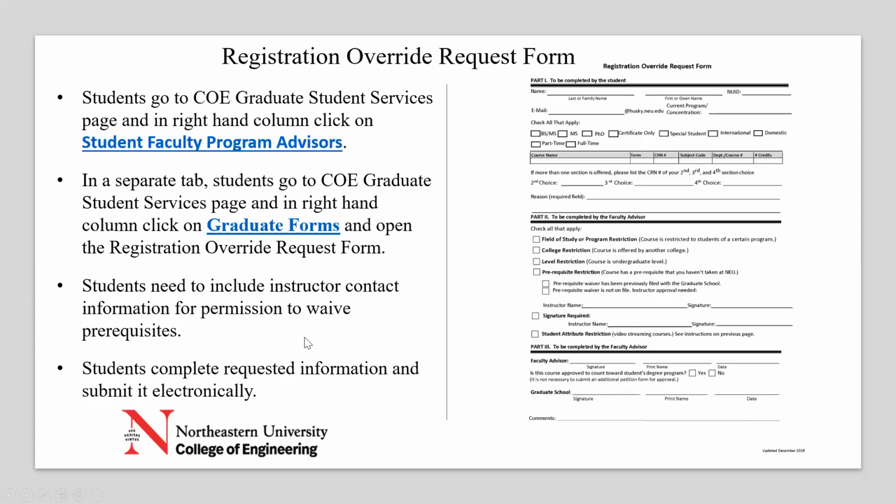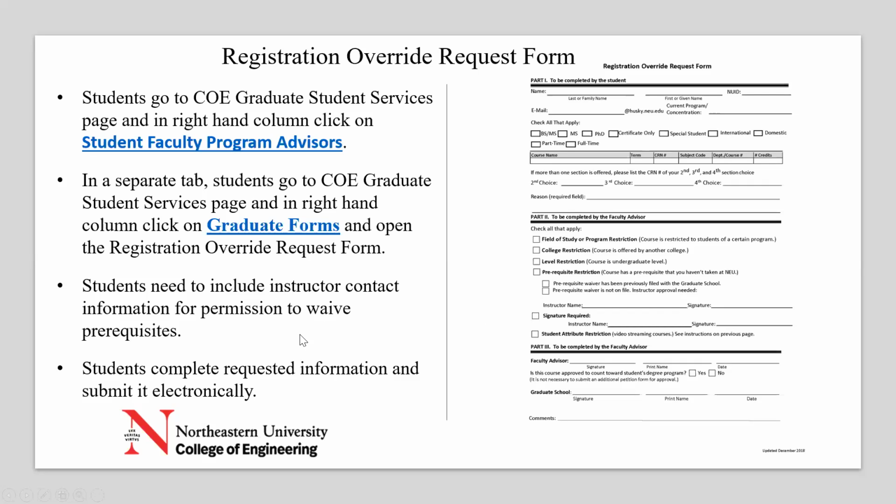And then you need to select what the restriction is. So are you restricted from the course because of the field of study or a program restriction, because of a college restriction or a level restriction, or there's a prerequisite restriction?